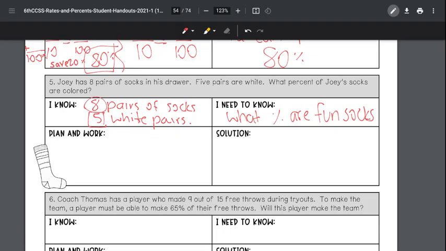If I take out all the pairs of white socks, I only have 3 pairs of socks left in the drawer that are the fun socks, with colors or patterns. So I know 3 out of my 8 total pairs are my fun socks, and we want to know what percent that is. So when you cross multiply and divide, we figure out that his fun socks make up 37.5%. 37.5% are fun color or pattern socks.